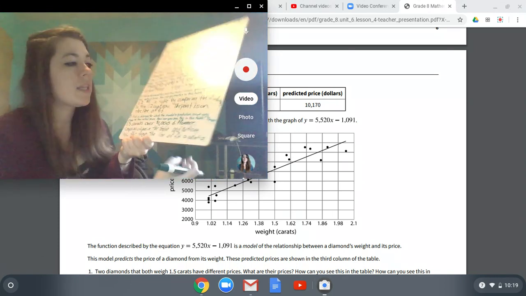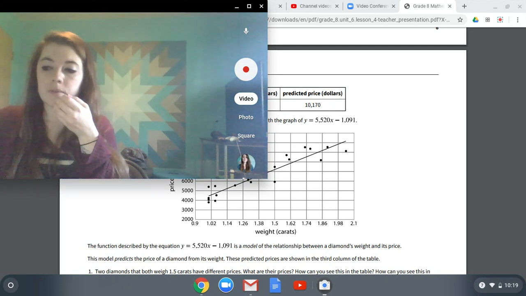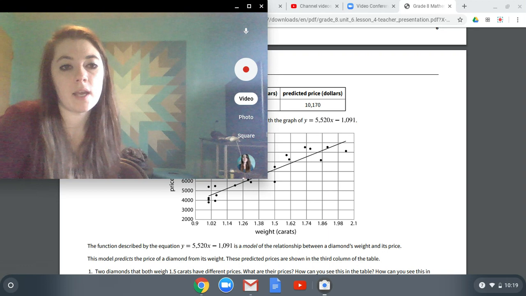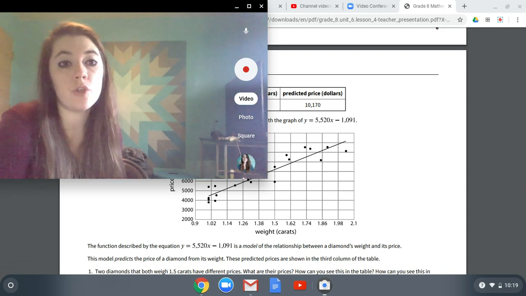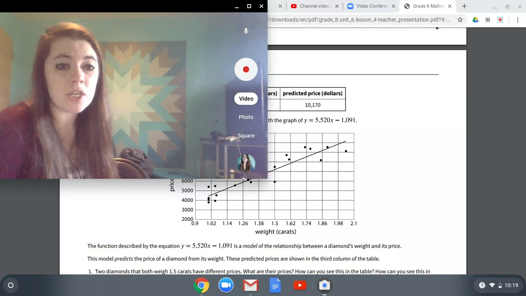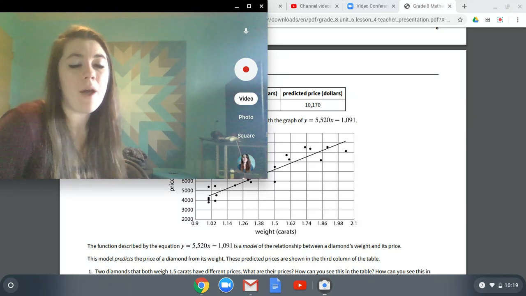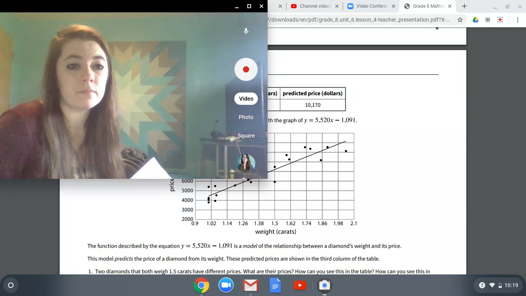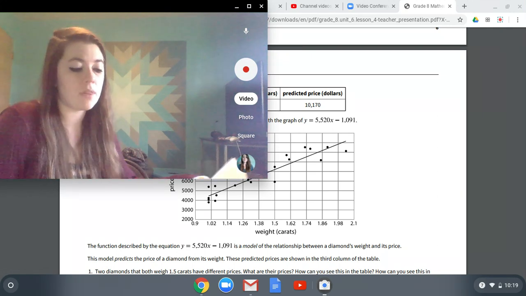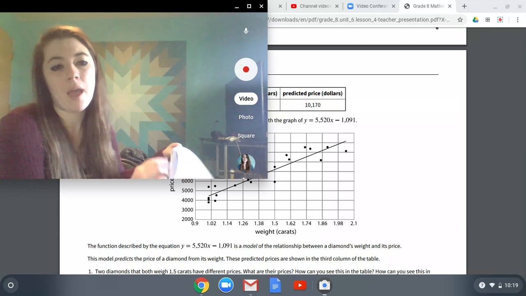So using that line of fit, seeing how close our data is to one another, really looking at that and being able to use both a table and a scatter plot to analyze information and determine whether or not it's following the predicted trend, being able to see that.